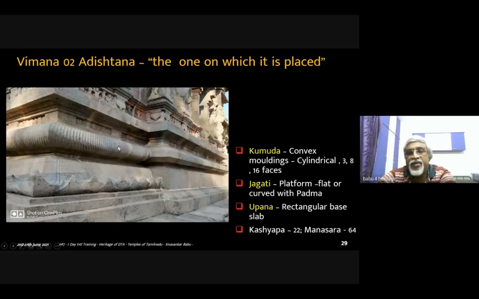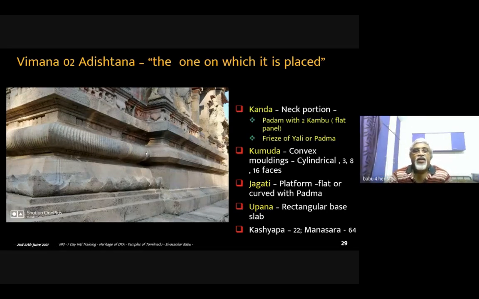In the later period, on the cylindrical one, they started giving lines so that it looks like a collection of bangles. So this is the next member. Then this is more like a shoulder. Again, you can visualize this like a human, and this is the neck part.